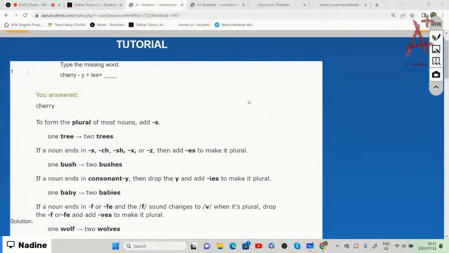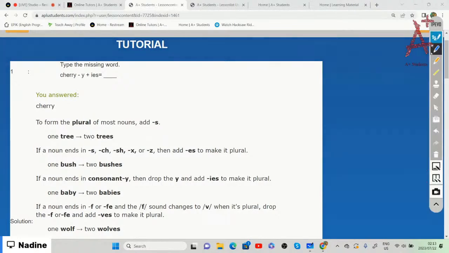All right, so now we need to type the missing word. Cherry plus IES. We said that we need to drop the Y and just add the IES.